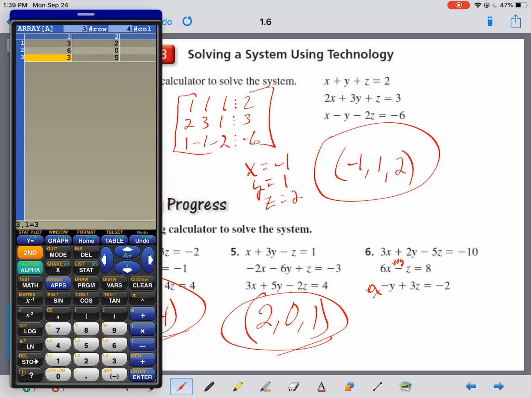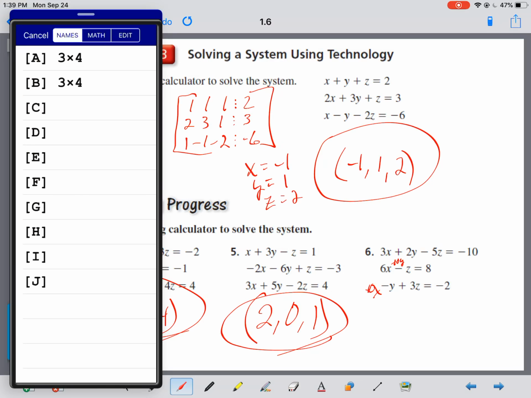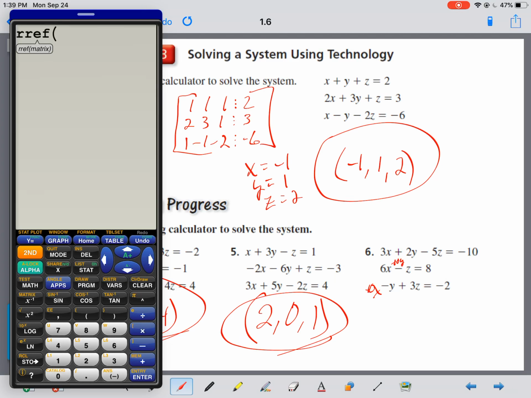We got 0 X, negative 1 Y, 3 Z's, negative 2. And then let's go quit. Matrix, go to math, ref, matrix, A, close, enter.